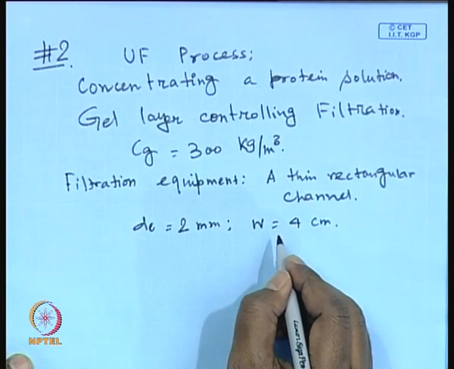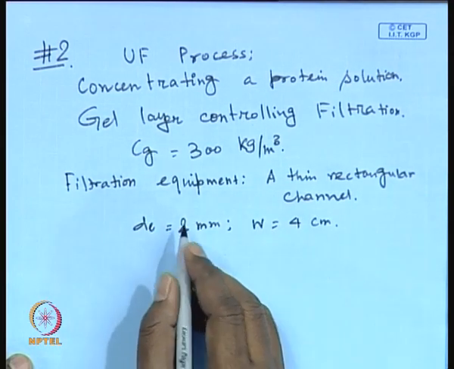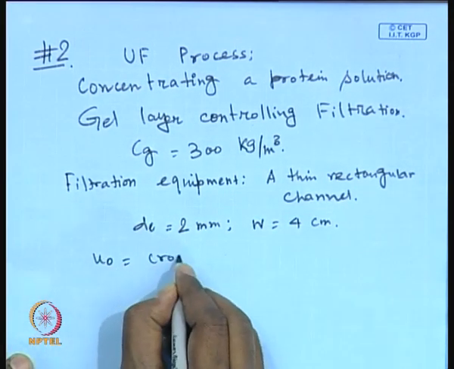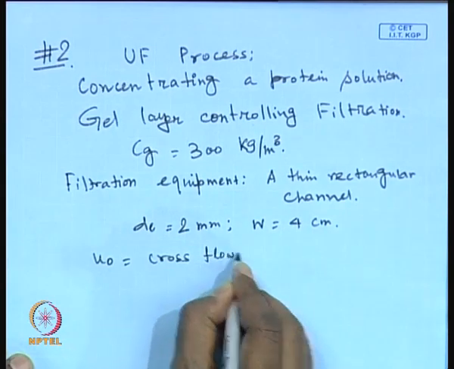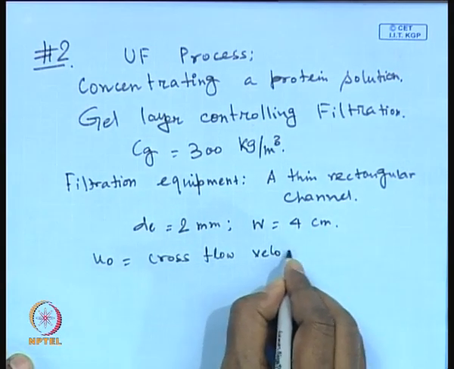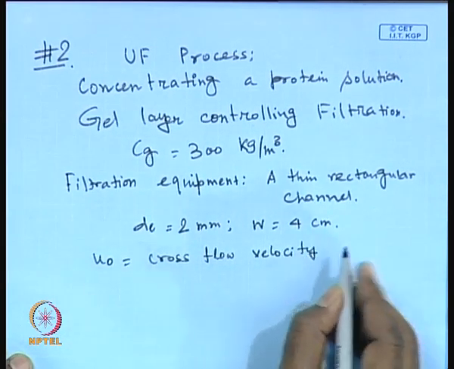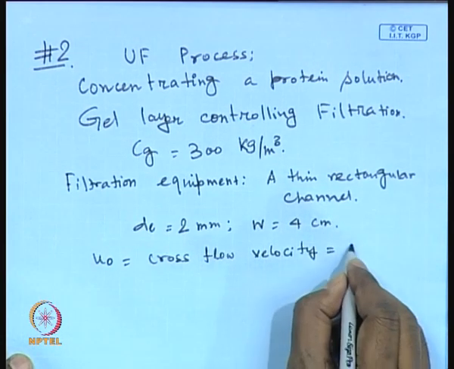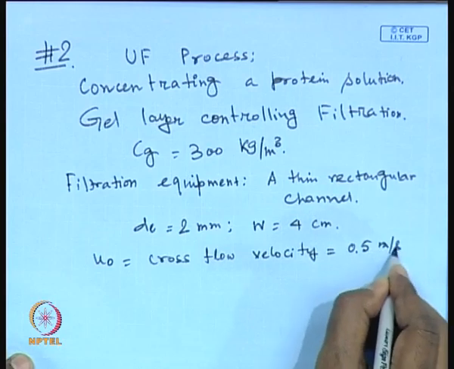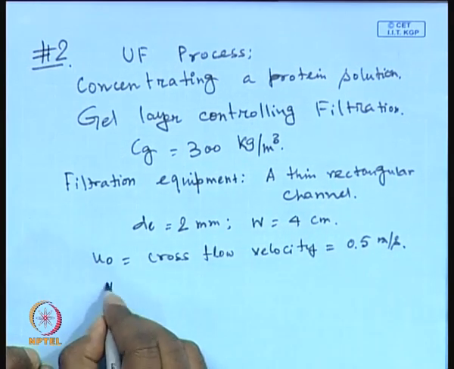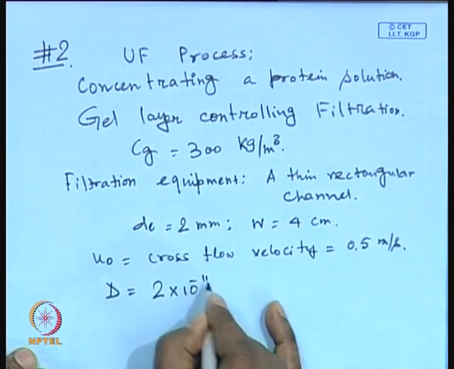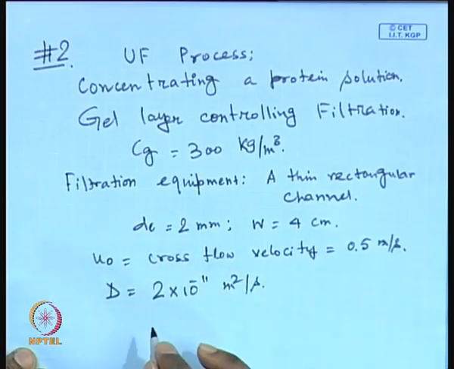The flow velocity, the cross flow velocity u naught, is given as 0.5 meter per second, and the protein diffusivity in aqueous solution is given as 2 into 10 to the power minus 11 meter square per second.